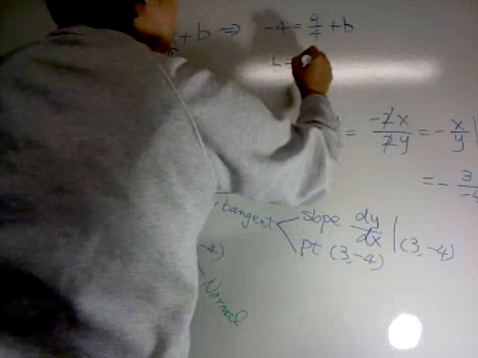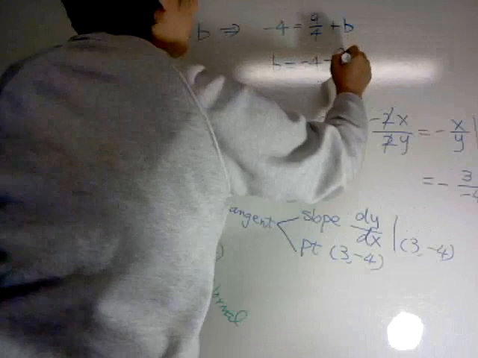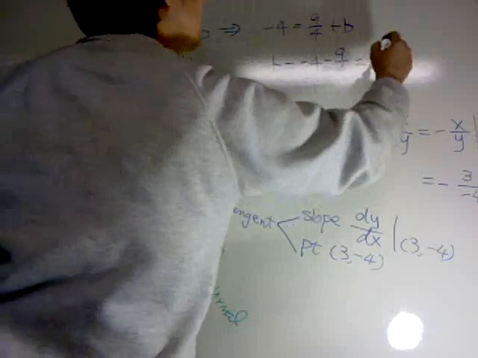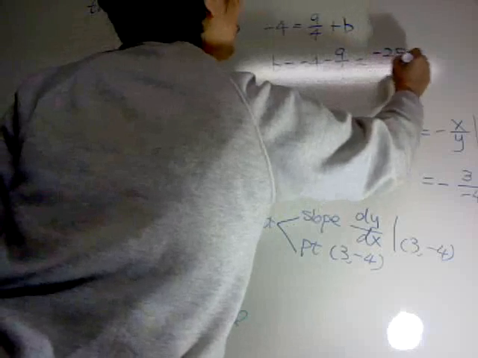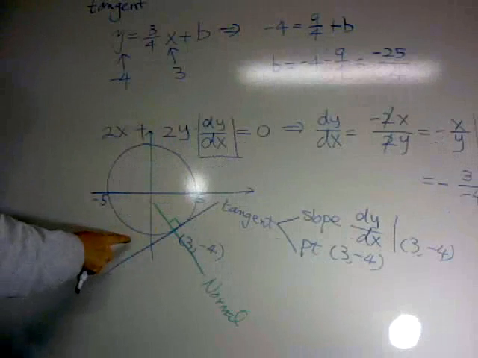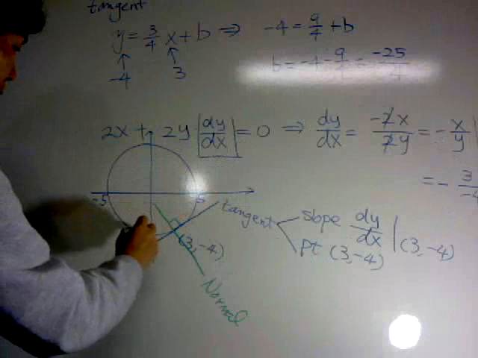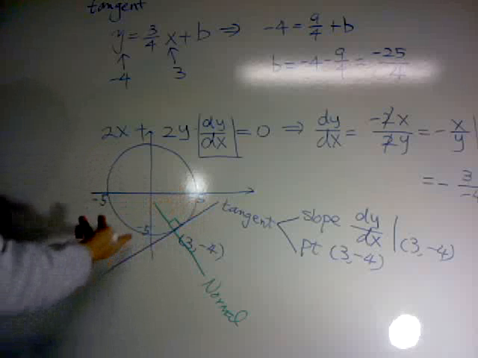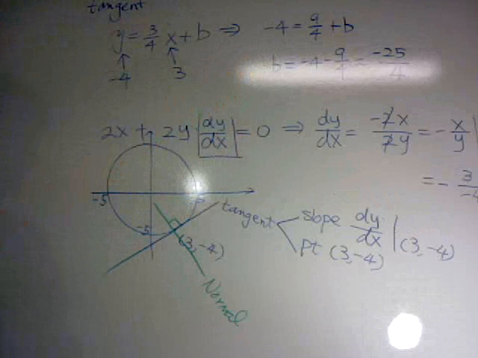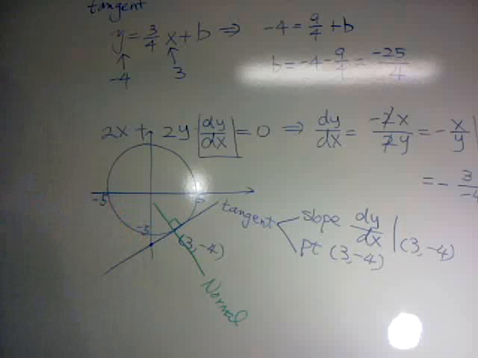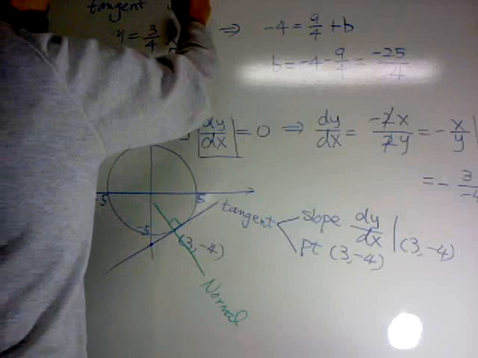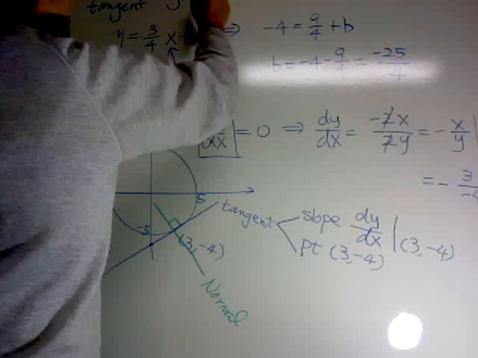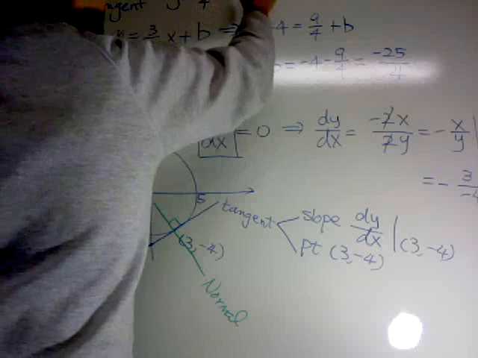So b must be negative 4 minus 9/4, which is negative 16/4 minus 9/4, so negative 25 over 4. As you see over here on the y-axis, this point is below negative 5, and in fact it is negative 6 and 1/4. So it looks pretty good. So the equation of the tangent line turns out to be y equals 3/4 x minus 25/4.